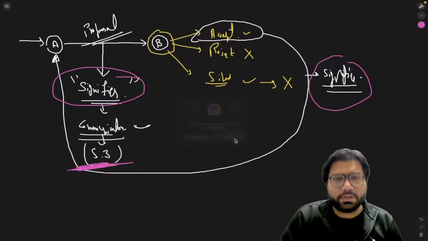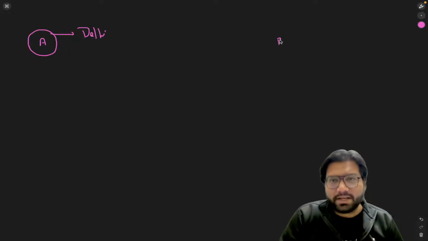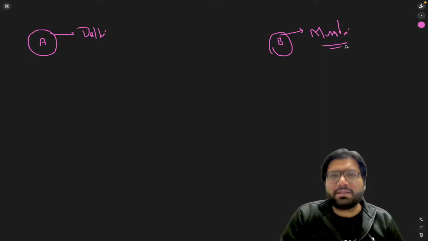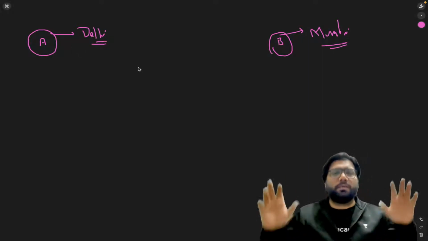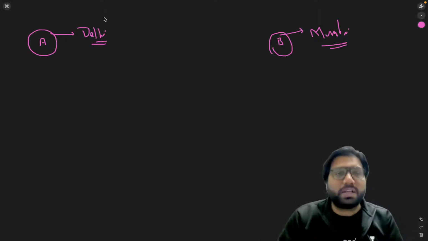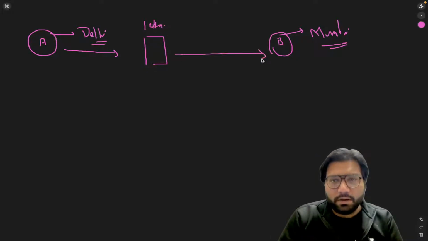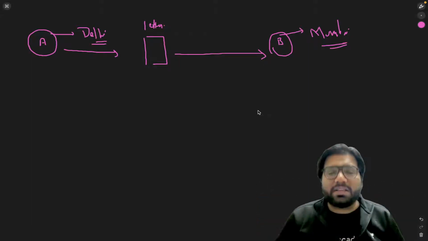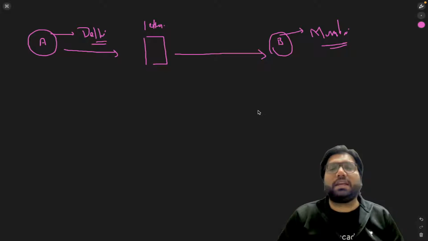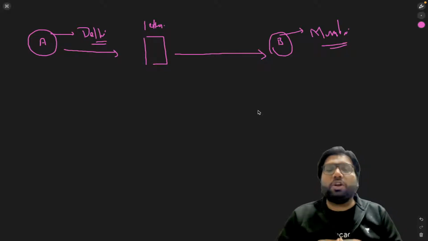Moving to the next slide, students. Same example, but Mr. A resides in Delhi and Mr. B resides in Mumbai. Just assume that we are talking about the 1990s here, and Mr. A writes a letter to Mr. B. Which means section 4 applies only in the case of inter absentees, not inter presentees.